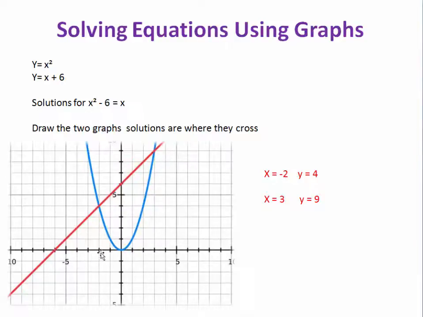And over here we have x is -2, and y is 4. Okay, now we can be given this as a mixed equation, so we can write it as x squared minus 6 equals x, or we take it to the other side and we get x squared minus 6 minus x equals 0.